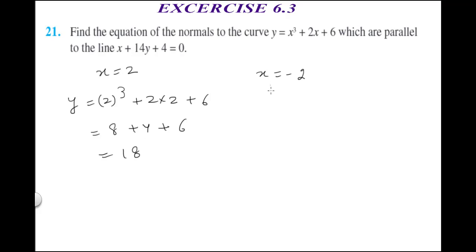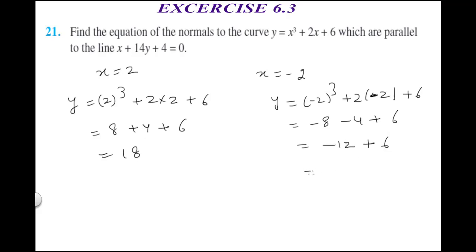We get 18. And from here we get y is equal to minus 2 cube plus 2 into minus 2 plus 6. So we have minus 8 minus 4 plus 6. So we have minus 12 plus 6. We get minus 6. So the points are 2, 18 and minus 2, minus 6.